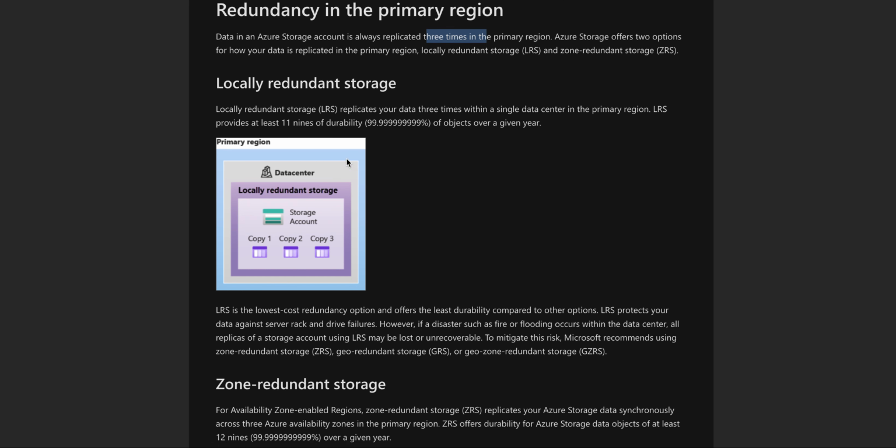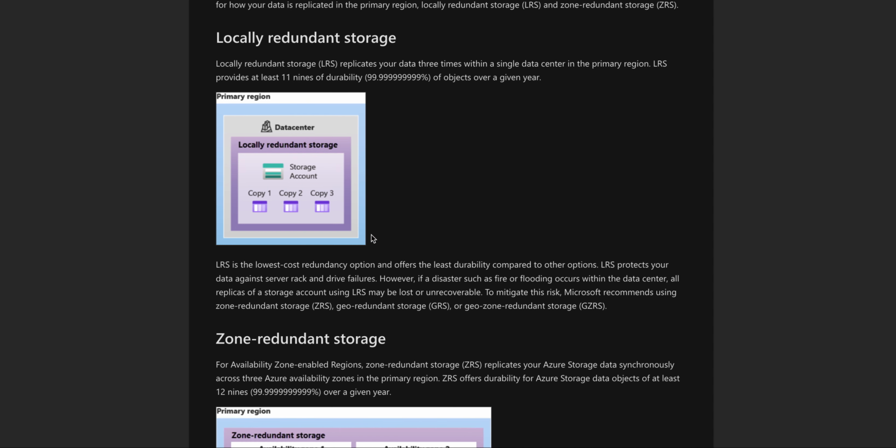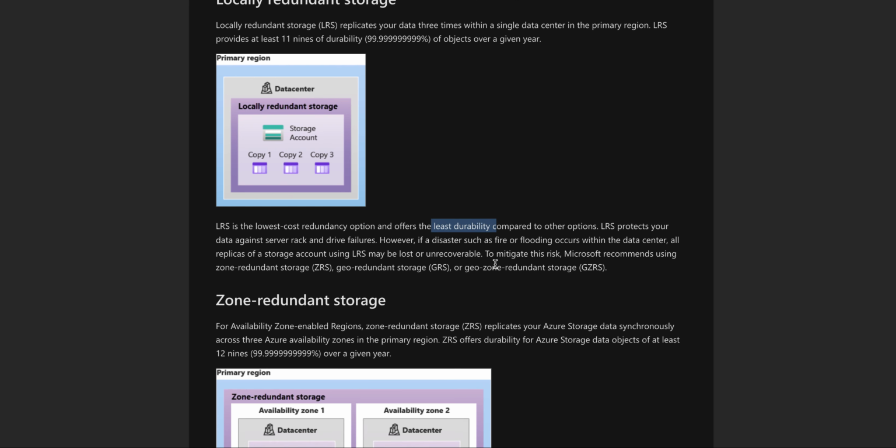Locally redundant storage was within the confines of a data center, and it's the lowest cost redundancy option and offers the least durability.